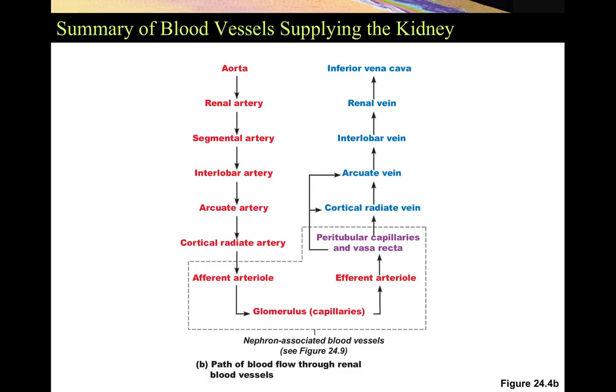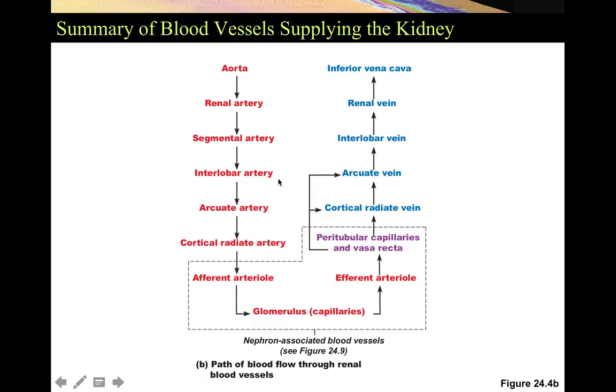Now that I have picked up the blood and I'm done, I need to take that blood out of the kidney and back to your circulation, your heart. So whatever you learned for the names in the artery, you're going to reverse them for the veins. Here we have the cortical radiate artery, so I have the cortical radiate vein. I have the arcuate artery, so I have the arcuate vein.